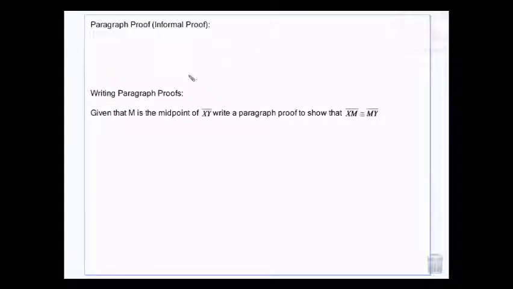Okay, so the paragraph proof is an informal proof. We actually write a paragraph. Okay, and we're explaining why our conjecture is true.